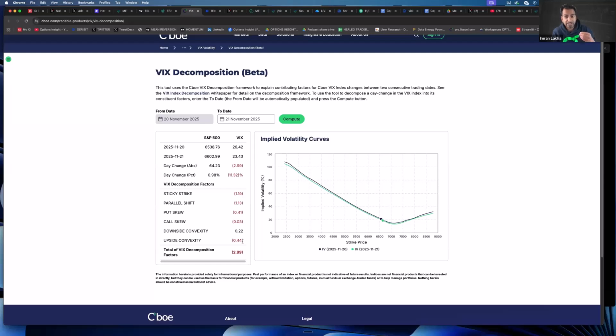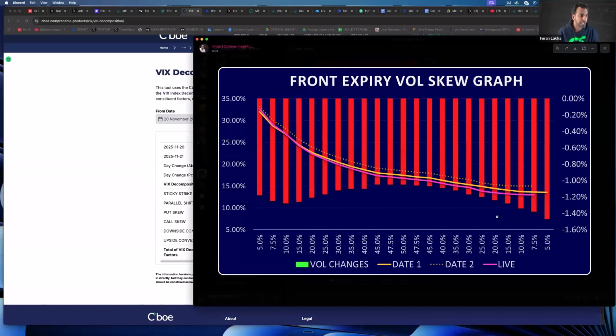So it's saying 0.44 of a vol drop is accounted for by upside convexity. So some of this upside crush here, where we're seeing these 5 deltas getting killed, this upside drop is being represented by the VIX decomposition more by upside convexity than by upside skew, basically. Okay, so that's there.